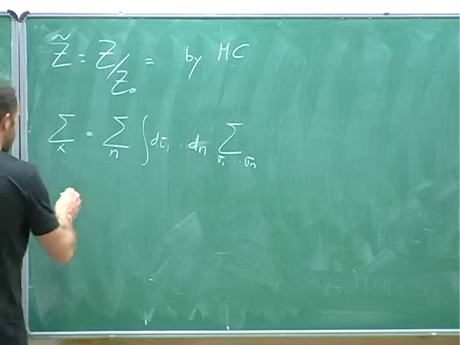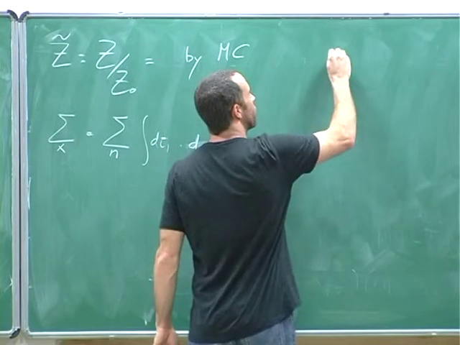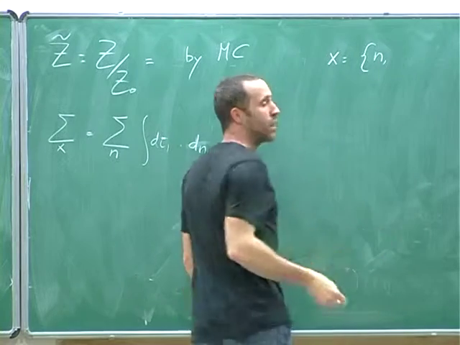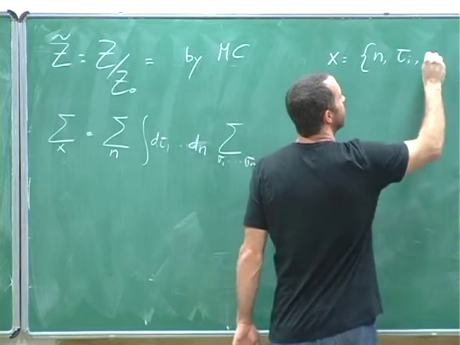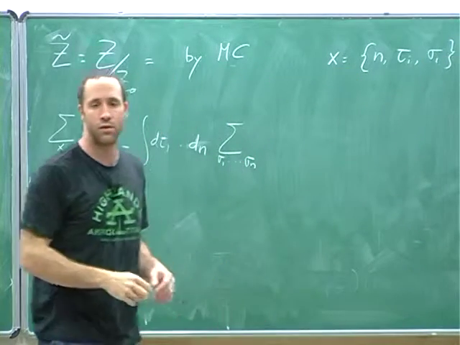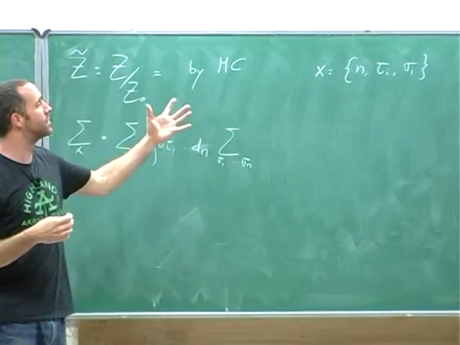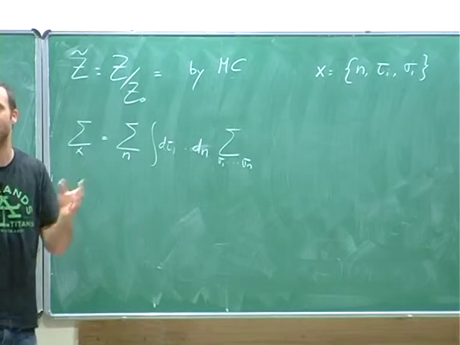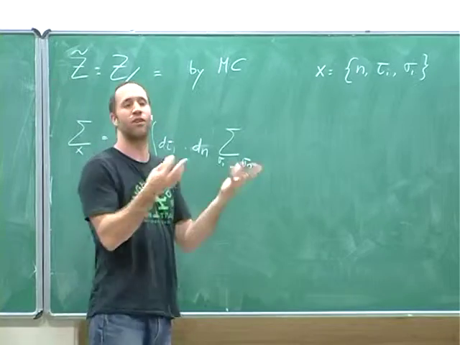So x, yeah, this is where I talk about configuration. So x, if you want, is a set which is described by n, my tau_i's, and these sigma_i's. Okay, I can write it like this in a short form. So what we'll do is give this set a sort of graphical representation. It's an easier way to see what the different configurations are.